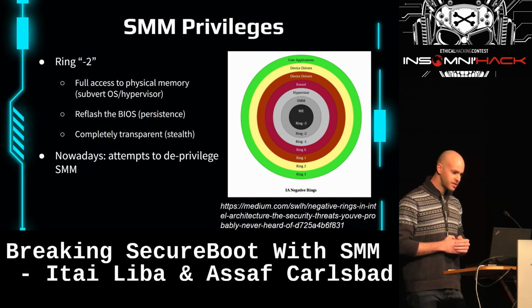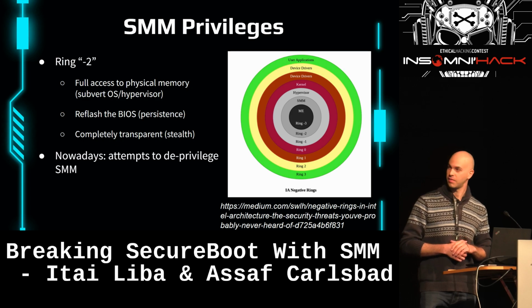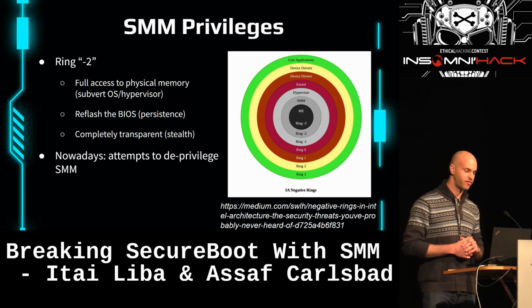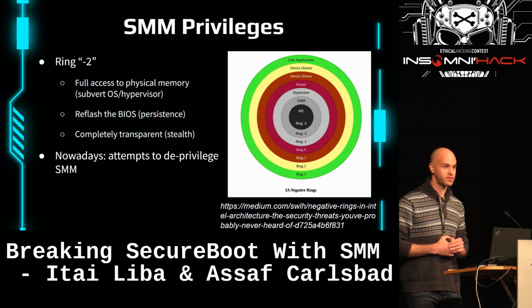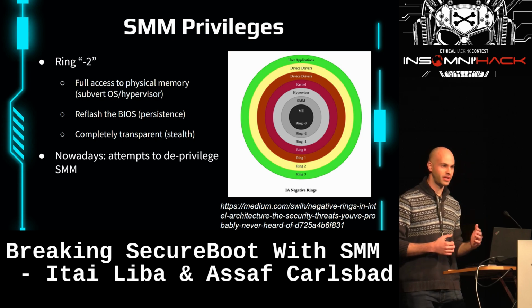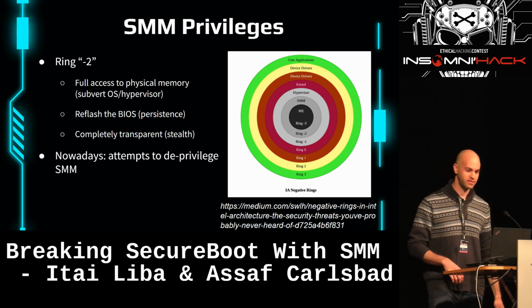So, some of the special capabilities of SMM are its ability to fully access all the physical memory of the machine. So, you might use that if you want to subvert an OS kernel or a hypervisor. You can also reflash the BIOS and therefore gain persistence on the machine. And in addition, you can do all of the above while being completely transparent to all the layers above you, which also gives you a lot of stealth.